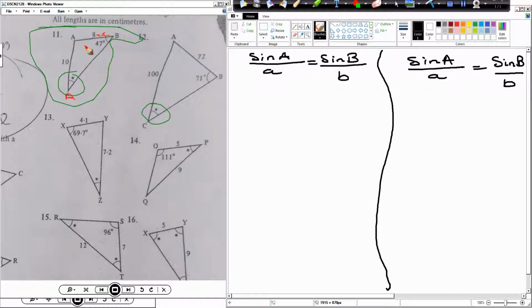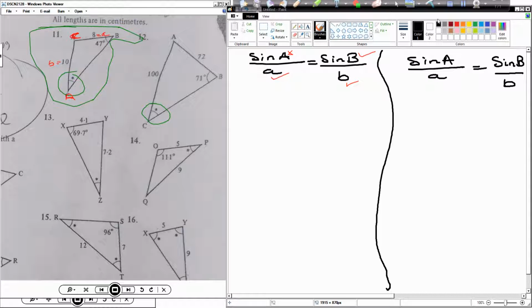The big B is already here and the little b is over here. So that makes this one big C. Now let's have a look at what we know. We need to work out the big A. We know little a, we know the big B, and we know the little b as well. So let's work out A.